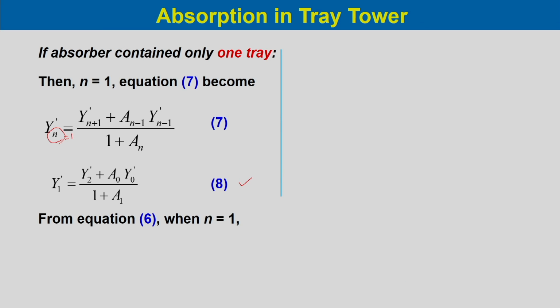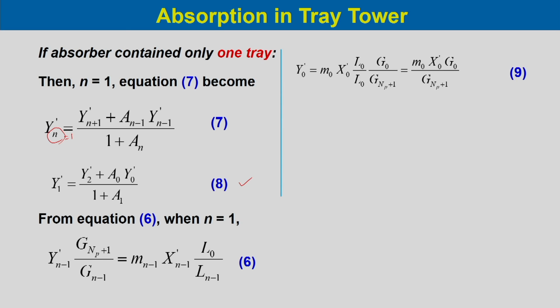Now, from equation 6, when n is equal to 1, we can write. So, this is the equation 6, and when n is equal to 1, we can get y_0' would be equal to m_0 x_0' L_0 by L_0 into G_0 by G_{np+1}, which is equal to m_0 x_0' G_0 by G_{np+1}.